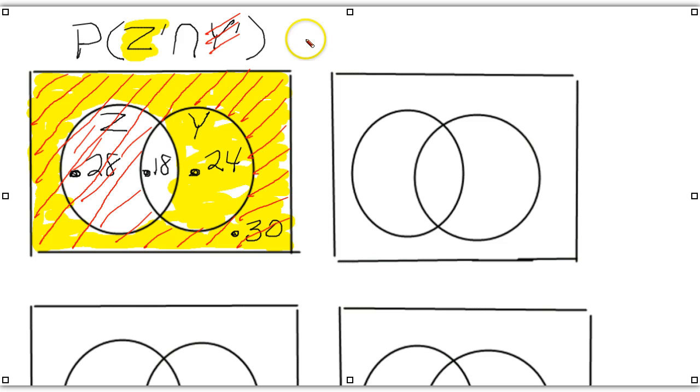So now what we want to do is see where we have intersection between the yellow and the red.